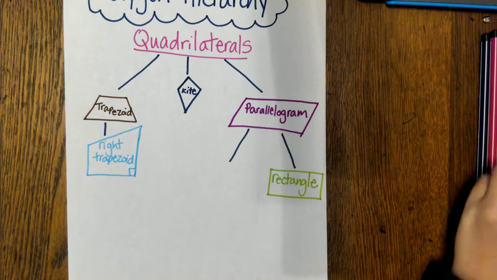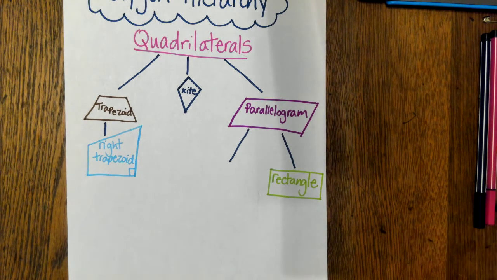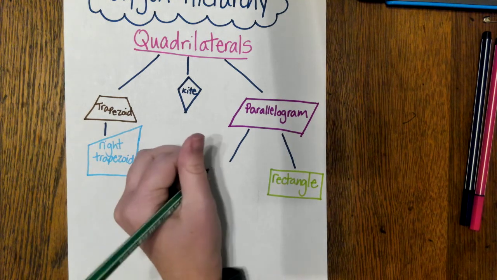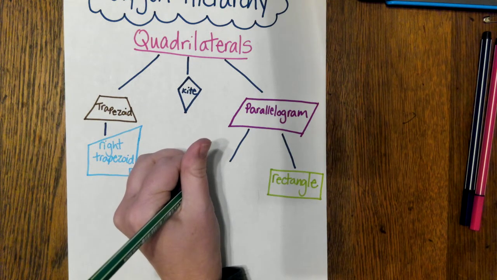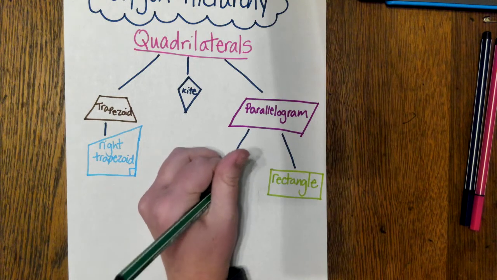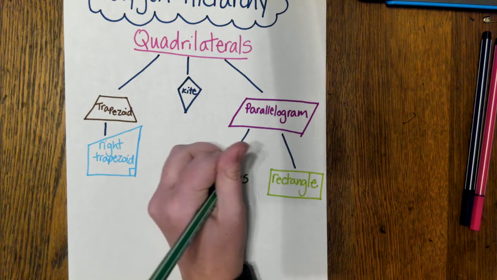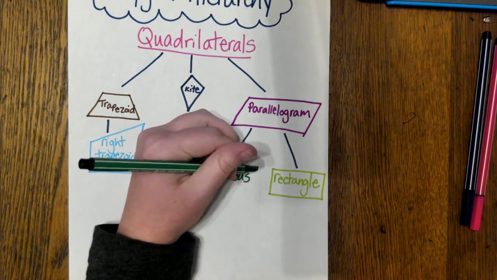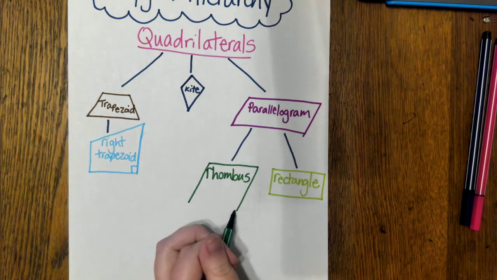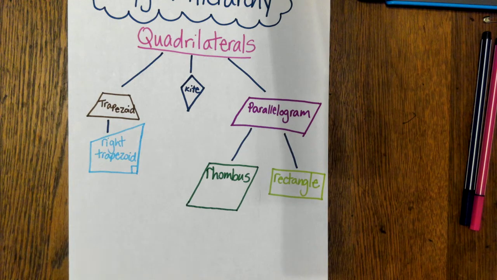So, we have a rectangle and we have a rhombus. There we go.